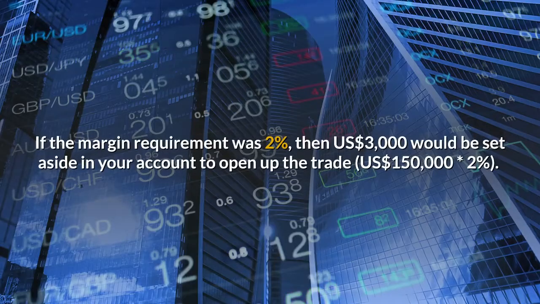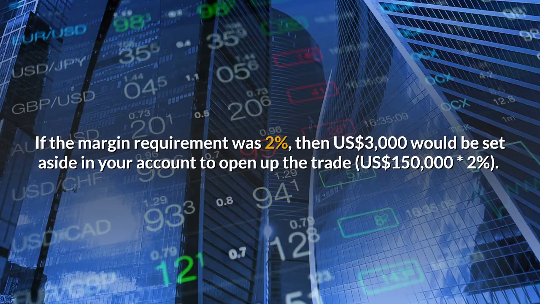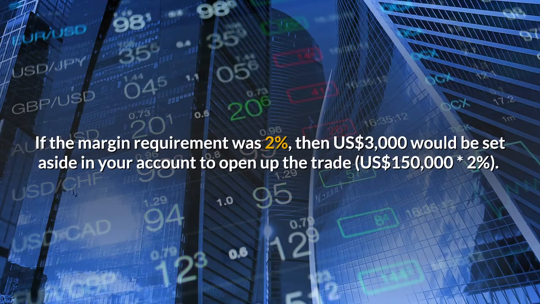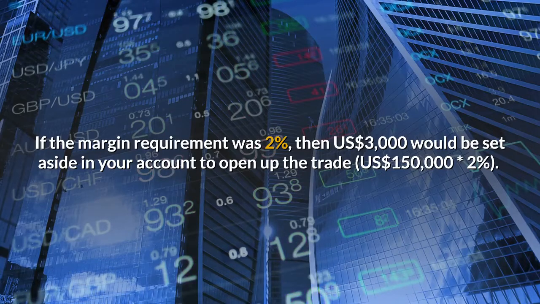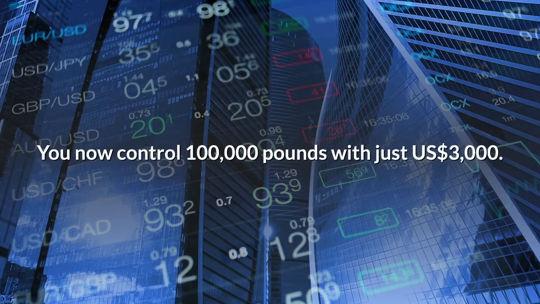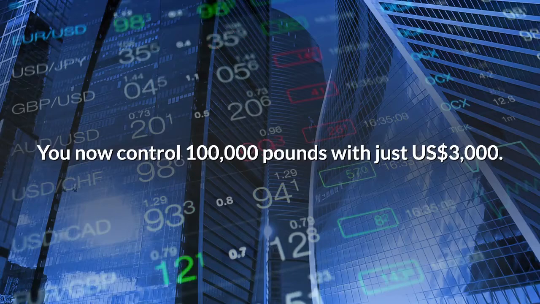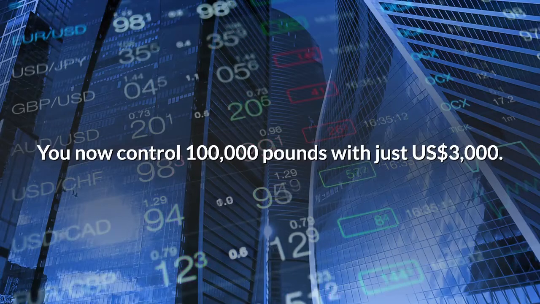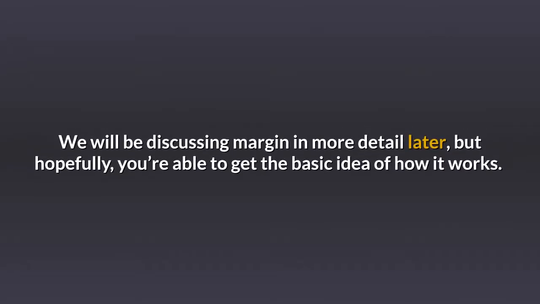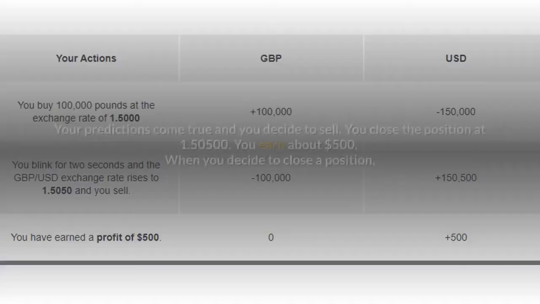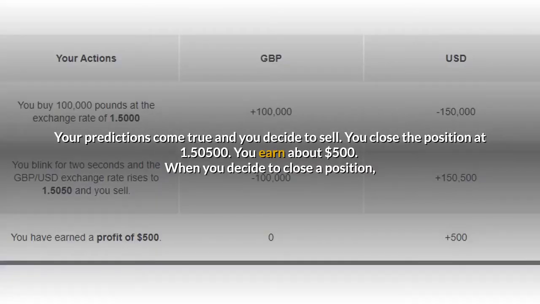If the margin requirement was 2%, then 3,000 United States dollars would be set aside in your account to open up the trade. 150,000 United States dollars * 2%. You now control £100,000 with just 3,000 United States dollars. We will be discussing margin in more detail later, but hopefully, you're able to get the basic idea of how it works. Your predictions come true and you decide to sell.